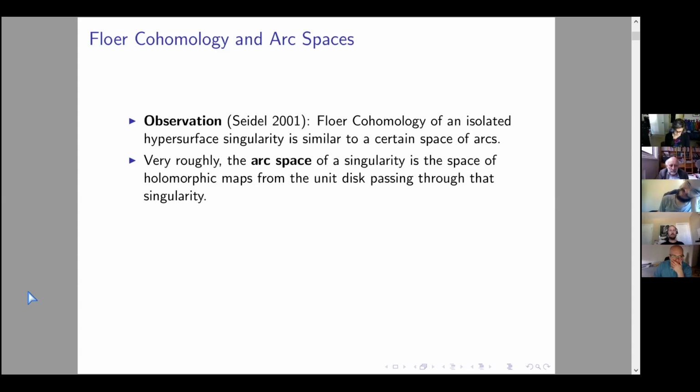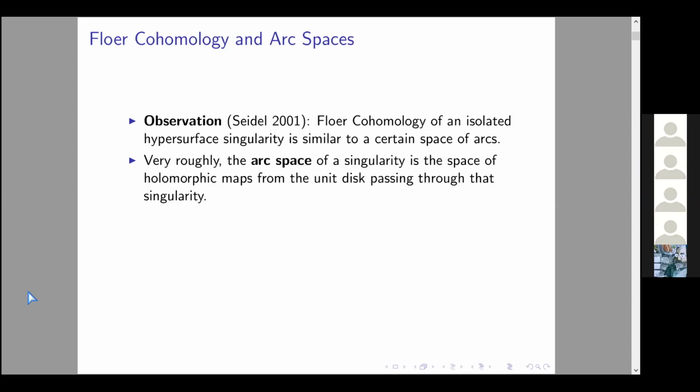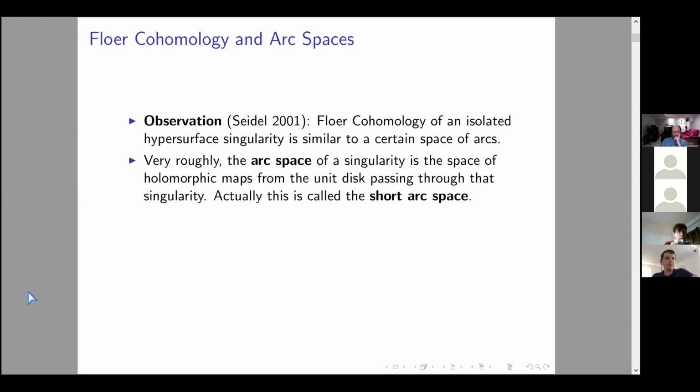Most people in algebraic geometry consider just formal disks, which are just the Taylor series. But for us, it's actually the space of holomorphic disks. But in this talk, it's not so important. Yeah, so actually, I'm interested in something called the short arc space.